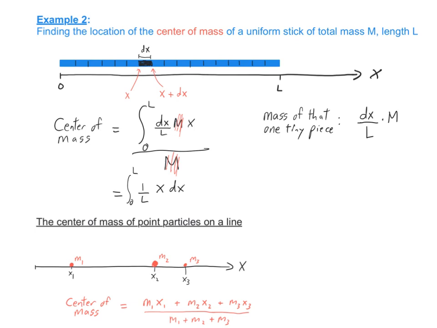Okay, so now I want to evaluate this definite integral. In order to do that, I have to remember what the indefinite integral is, and I happen to remember that. I remember that the indefinite integral of 1 over L x dx can be written as 1 over L times x squared over 2 plus a constant.